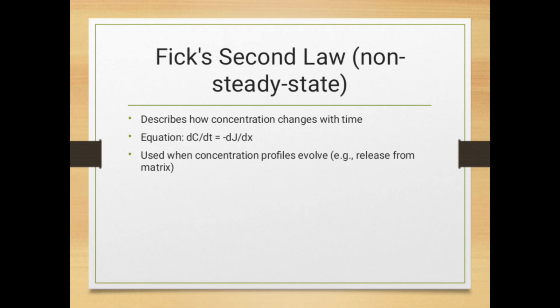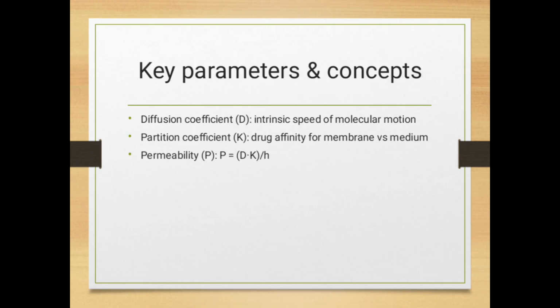Okay, so after these two laws, we are going to see some of the key parameters and concepts. The first one is the diffusion coefficient, D, that is the intrinsic speed of molecular motion. Students, it tells us how fast a substance spreads out, that is diffuses, through something like air, water or a particular membrane.